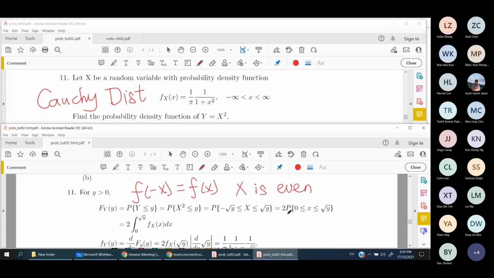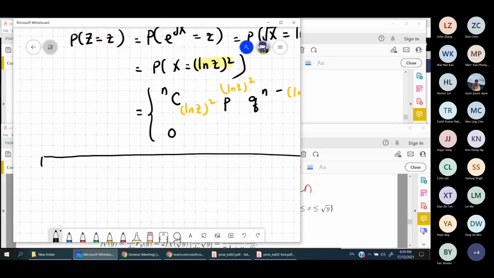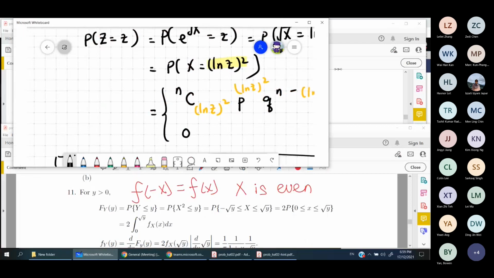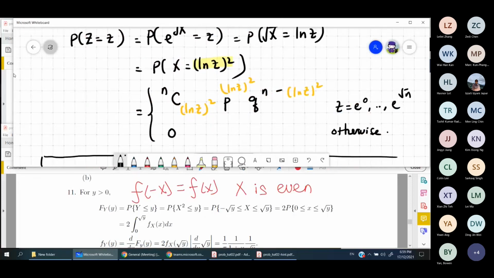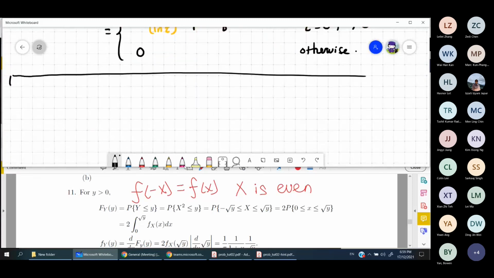Next, from here to here, this is the definition of the density function. So we can have this. Maybe for the next step, if you want to calculate this, maybe we can do it this way.